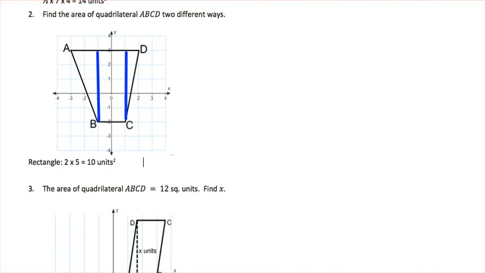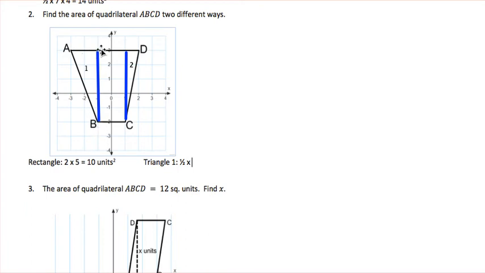And then the triangle, well, we'll have to label this one, triangle 1. Triangle 1, which is on the left, our formula would be 1/2 times base times height.